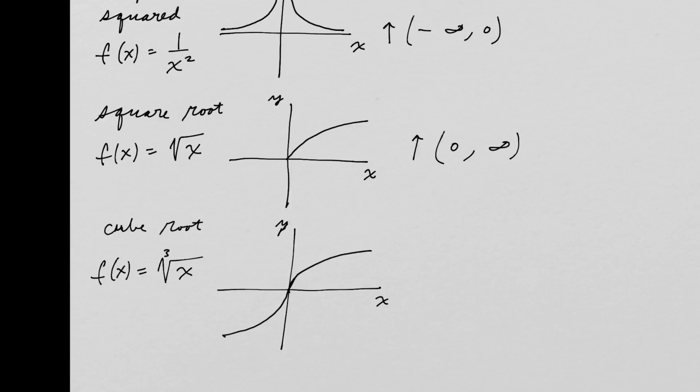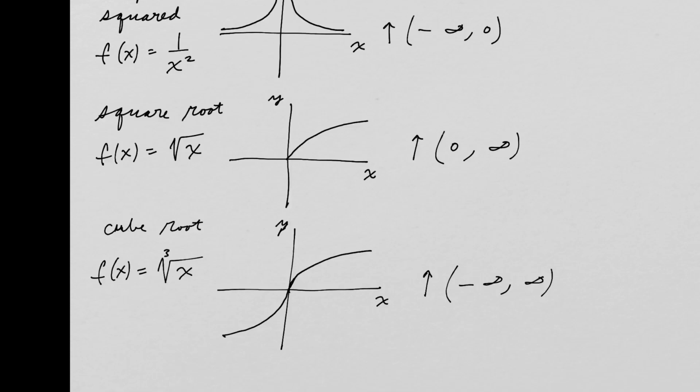Something like that. So in this case, it's increasing, right? Again, over the entire interval from negative infinity to positive infinity. All right, great. So those are all the toolkit functions.